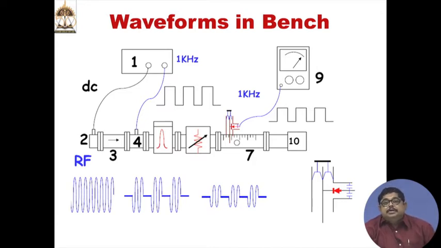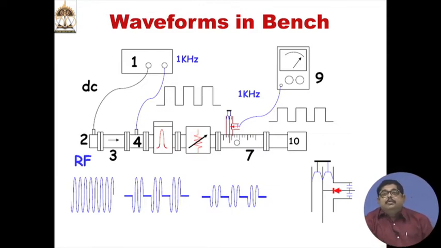So, it becomes the second waveform that is shown, and then after attenuation it is like this. Now, inside the waveguide this wave will go and come back, and a standing wave is created. So, we measure that standing wave. Also, you can see the point contact diode detectors, etc., shown in this same figure.